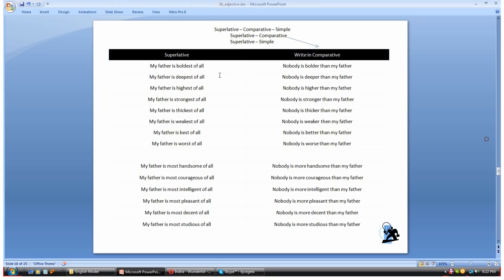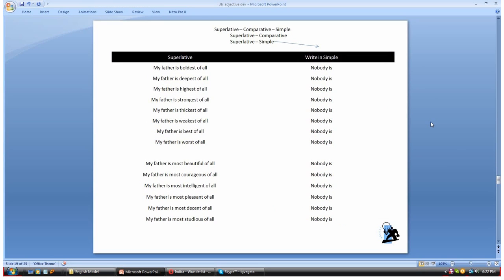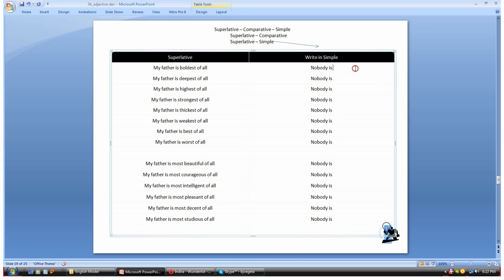So that completes rewriting superlatives into comparative degree. Okay, so the next one, we'll try to write superlatives into simple degree. So how do we do that? My father is boldest of all. Same superlatives, but I'm trying to write in simple degree.